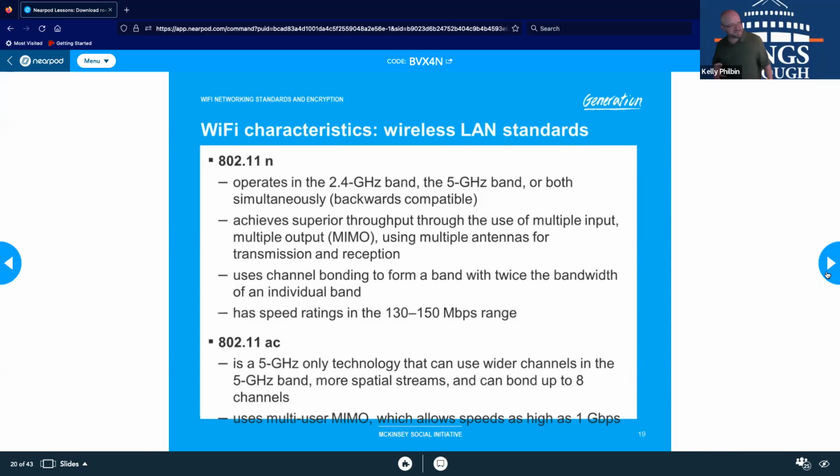MIMO: multiple input, multiple output. They're also able to use something called channel bonding, which is taking multiple channels and utilizing them all at the same time. So it allows a much heavier throughput, with speed ratings up to 130 to 150 megabits per second. That is significantly faster than its predecessors.